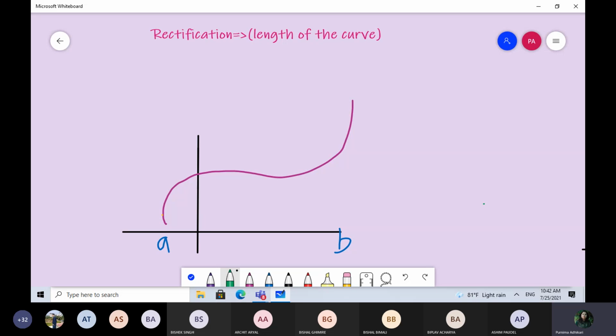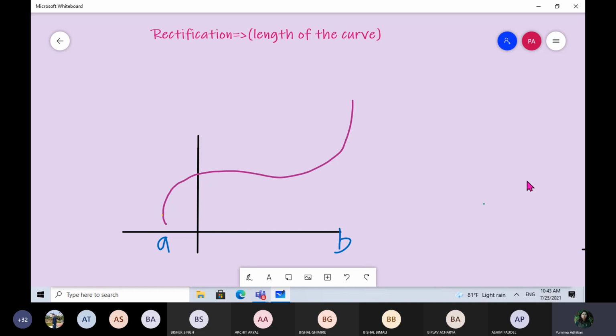Okay, so when we join these 2 points of the curve by infinitely many such small lines, and find out the length of all these lines and add it. So first find out all the lengths, then whatever infinitely many equal lines there are from A to B, if you add all of them, you are going to get the actual length of this curve, right.